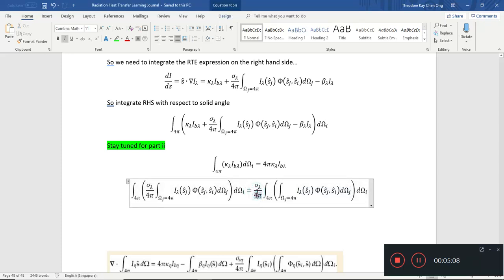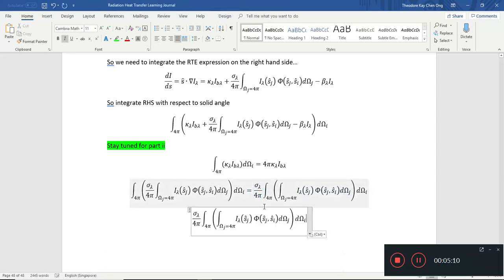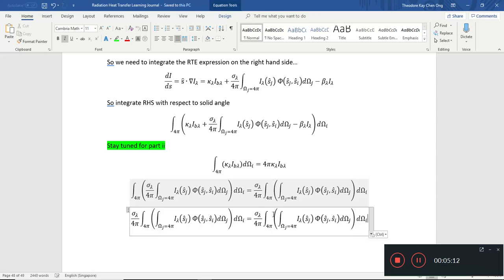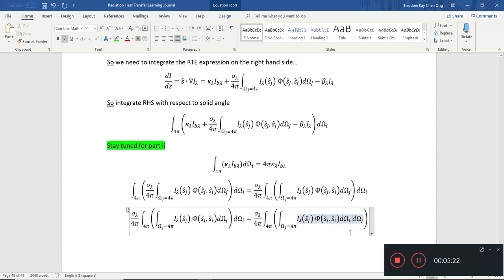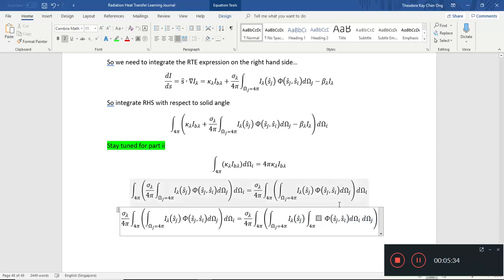Okay, so I'm going to copy and paste this here. What I want to do is put this d omega I in here, because the direction J doesn't really matter. I want to do the integral over 4 pi. Now bring this in.